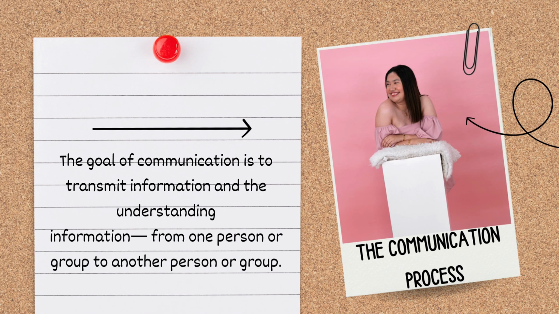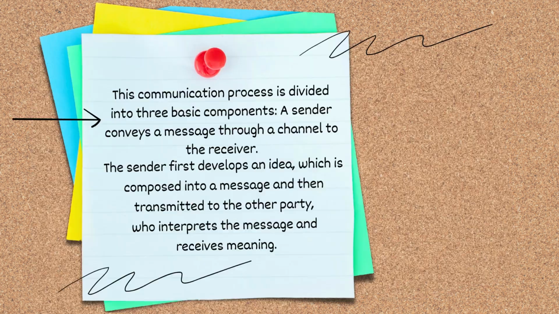The communication process. The goal of communication is to transmit information and the understanding of information from one person or group to another person or group. This communication process is divided into three basic components.